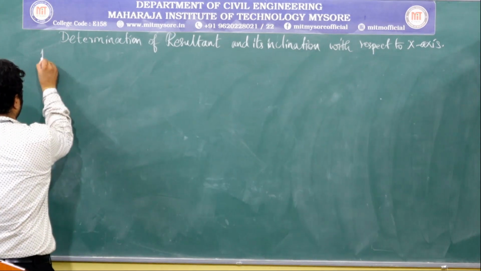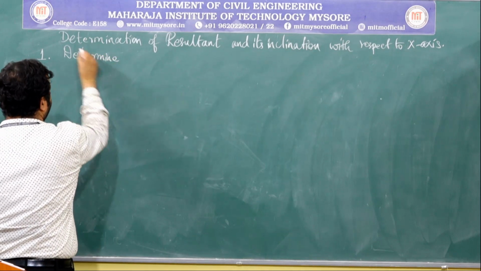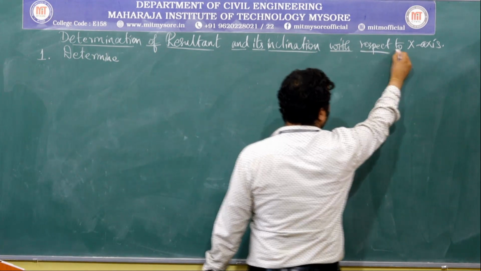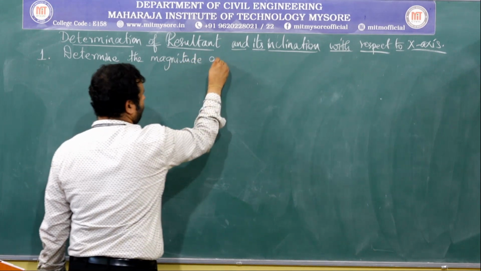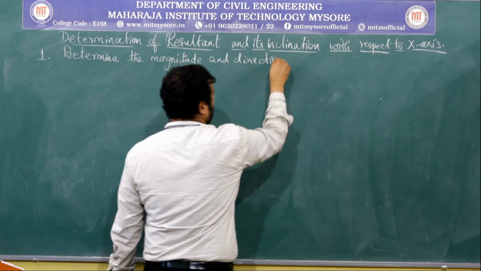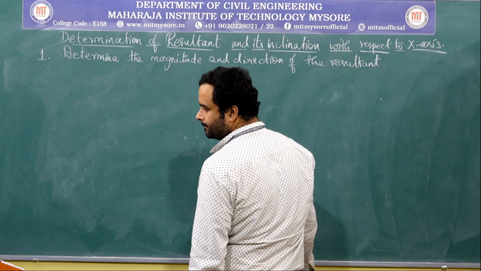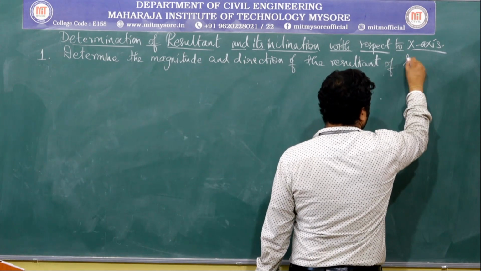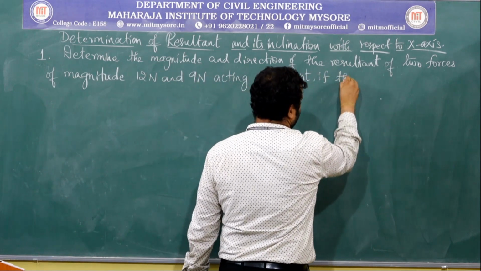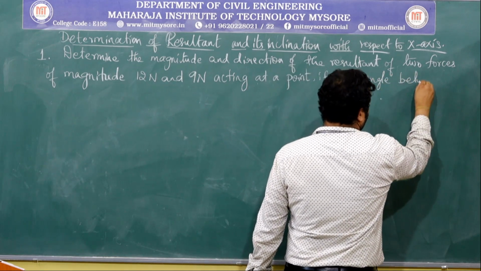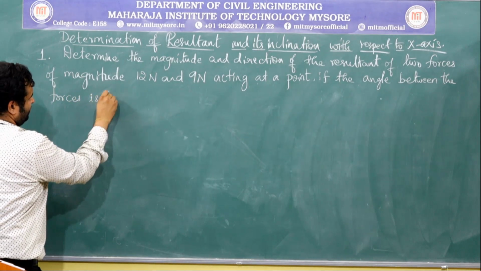So, the first problem under finding out the resultant goes like this: determine the magnitude and direction of the resultant of two forces if the angle between the forces is 30 degrees.